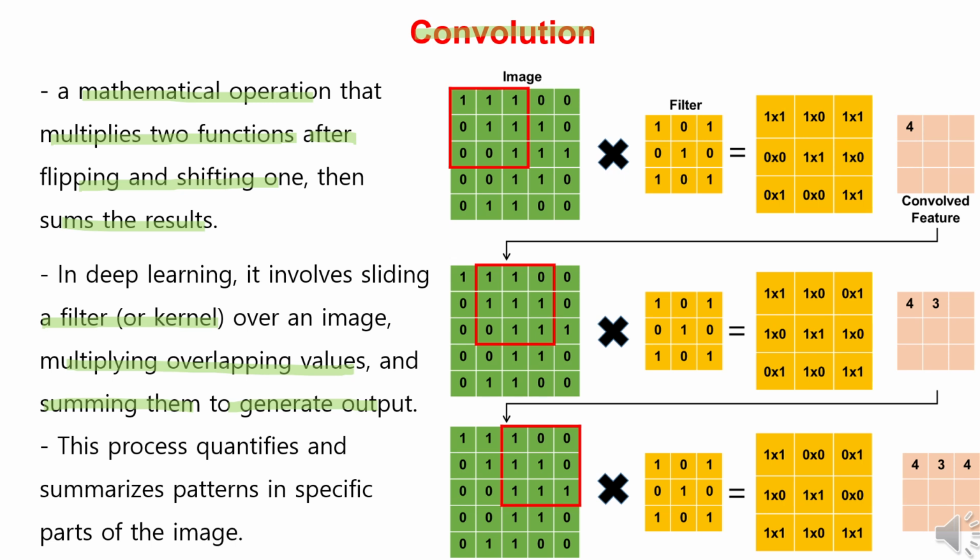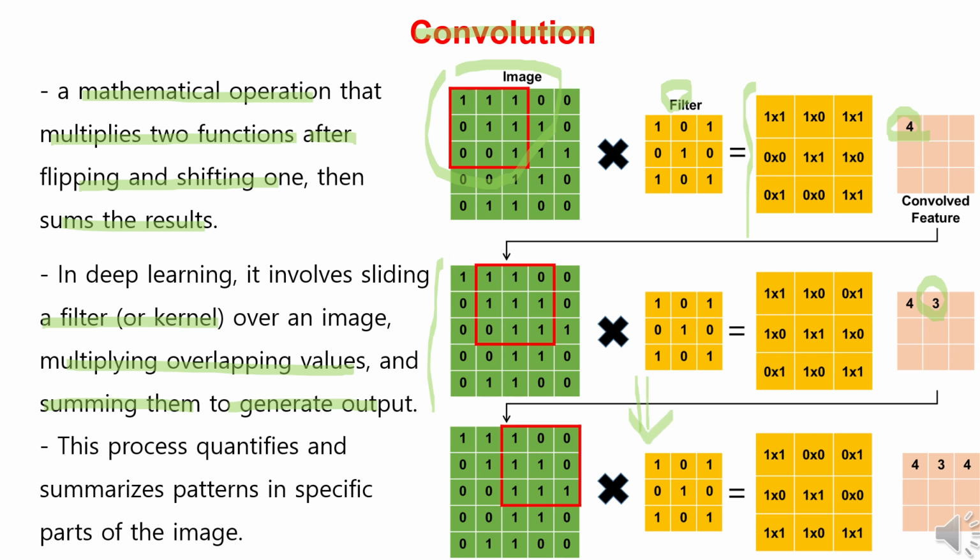As shown in the diagram here, when you multiply the red highlighted part of the image with the filter and add up the results, you get the number 4. When you move the filter over to the next red area and do the same, you get the number 3. The filter slides over the entire image and repeats this process.